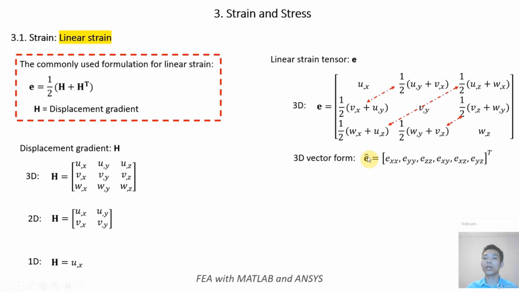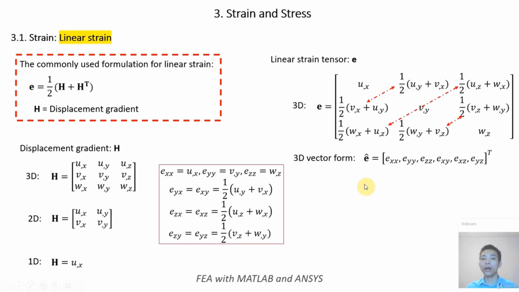I call it E hat here, which means the strain vector, and it equals Exx, Eyy, Ezz, Exy, Exz, and Ezy, where Exx equals the first term here, u,x, Eyy equals v,y, which is here, and Ezz equals w,z, which is here.